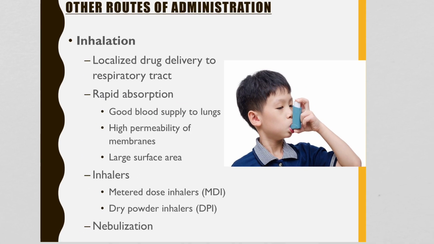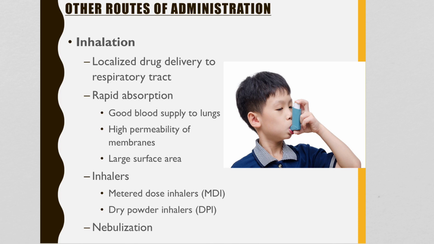And other routes of administration include inhalation, which we'll learn how to do. We actually have inhalers, so this will become an important part of your role as an athletic trainer. The great thing about inhalers is that there's localized delivery to the respiratory tract, and most patients inhaling drugs are using them for some type of respiratory pathology.